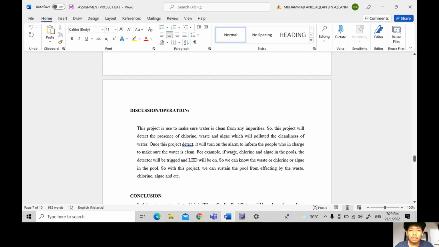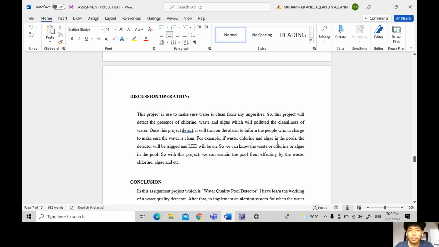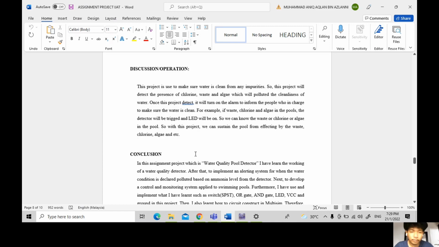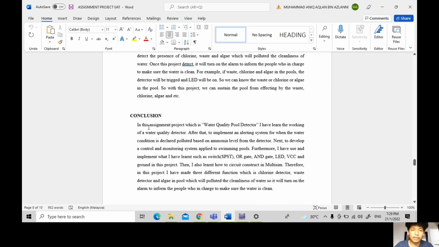For example, if waste, chlorine, and algae are in the pool, the detector will be triggered and the LED will be on, so we can know there is waste, chlorine or algae in the pool. With this project, we can protect the pool from being affected by waste, chlorine, algae, and everything else. So, conclusion for this project.